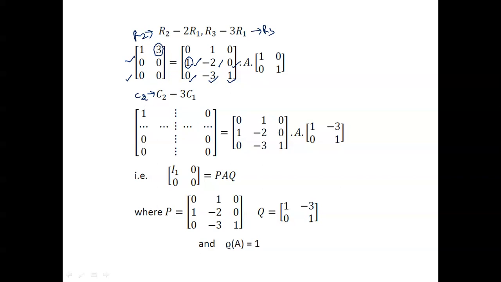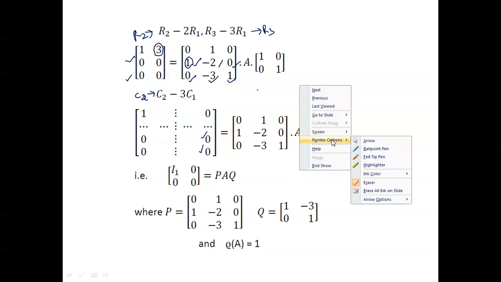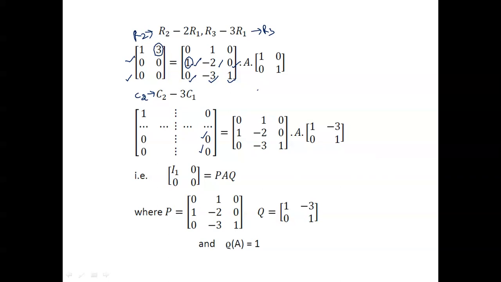So 3 minus 3 into 1 is 0, 0 minus 0 is 0. In the same way, we apply the column operations on the postfactor of A. Here C2 means 0 1.